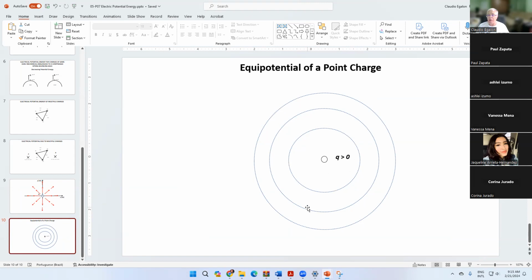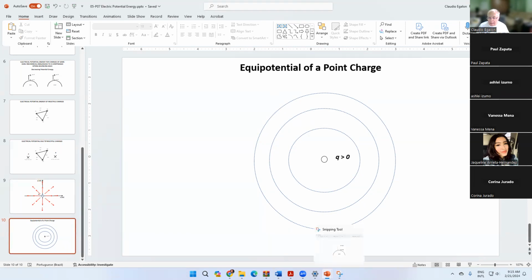That's what we have here. Okay, so this is one equipotential surface. The equipotential surface of a point charge is going to be a sphere. Further down, we are going to have another equipotential surface of a different value. Okay, and so on.